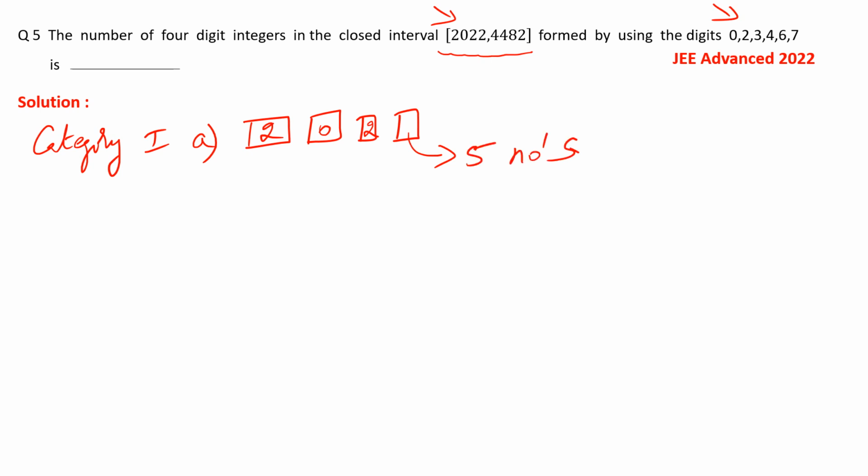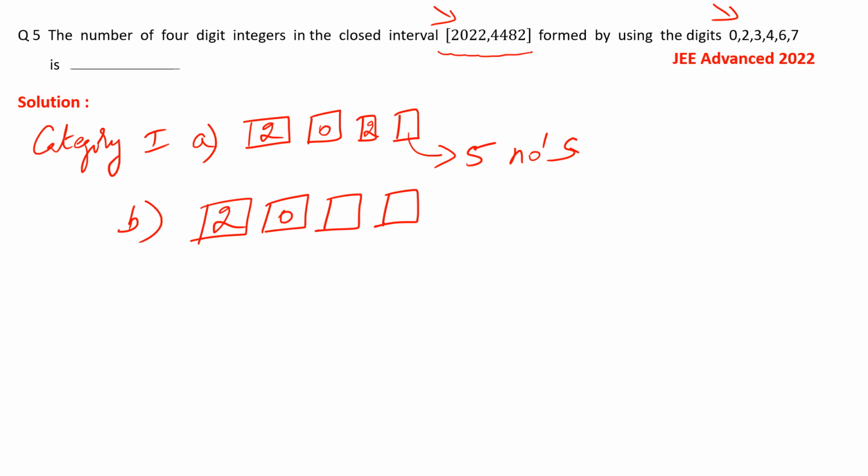Fine. Now we move to the second subcategory. Again, the first digit will be filled by 2, and again, I'm taking the second digit as 0. But this time, the third digit is not going to be 2. This time, the third digit will be either 3 or 4 or 6 or 7. Fine.